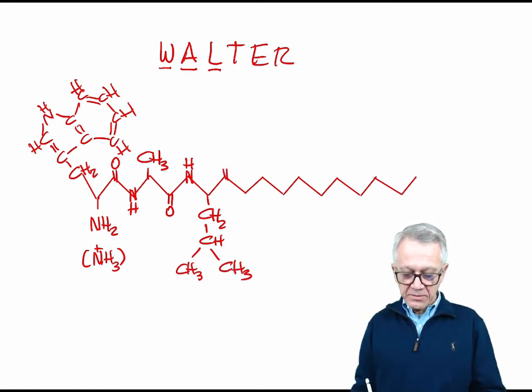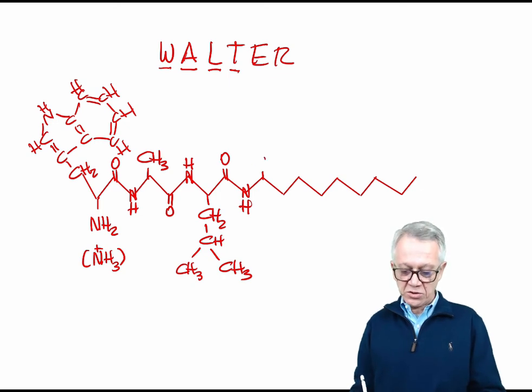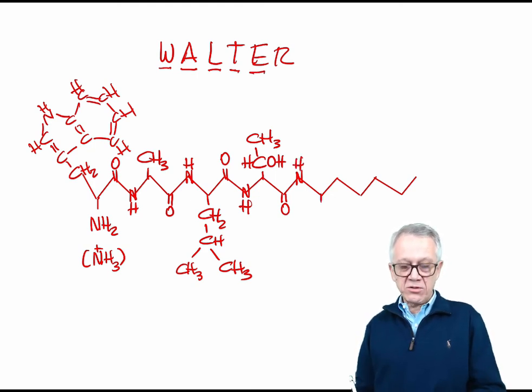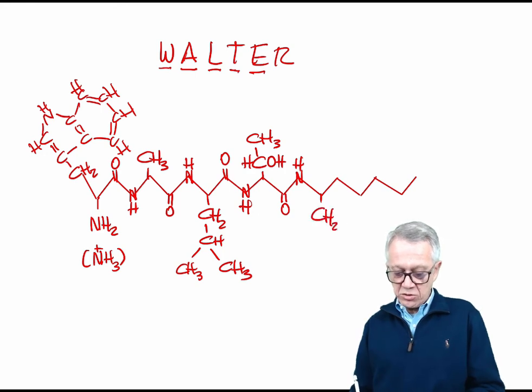Repeat the pattern: carbonyl, NH, and the side chain, which the next one is threonine, so CHOH, CH3. Repeat the pattern: double bond, carbonyl, NH, and amino acid residue, in this case now, glutamic acid, CH2, CH2, COOH, carbonyl, NH, side chain.